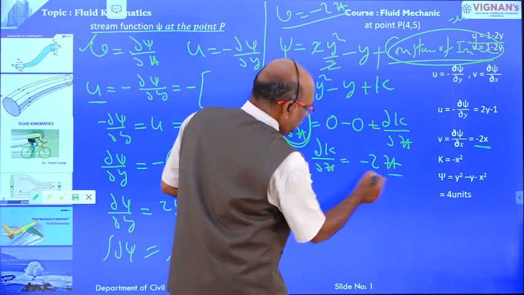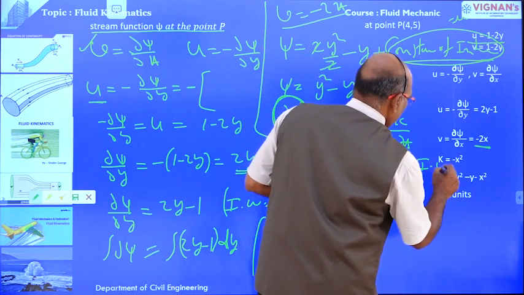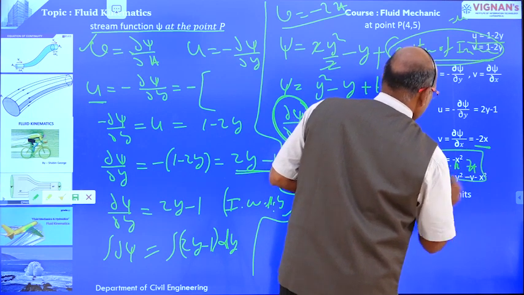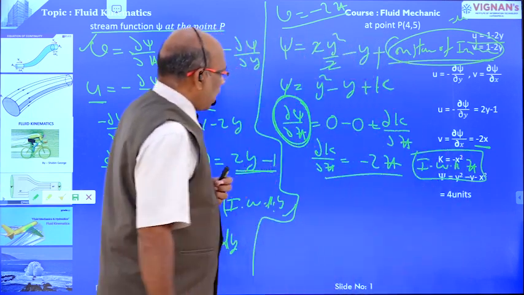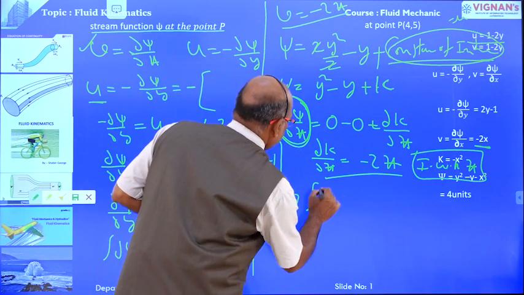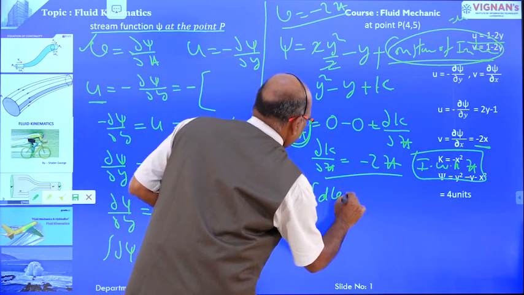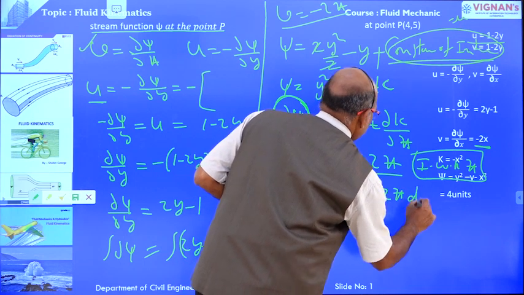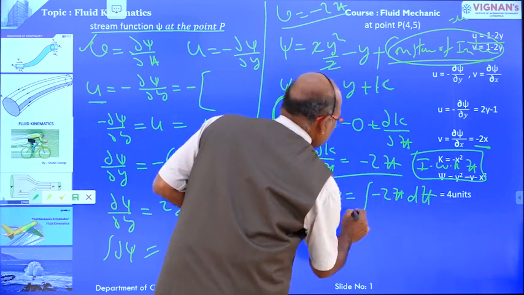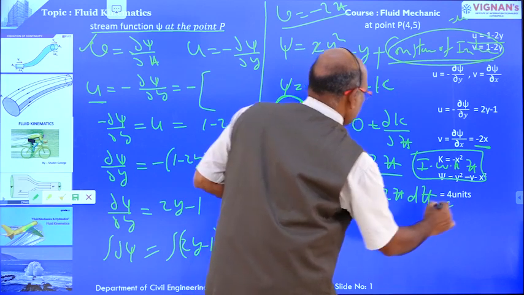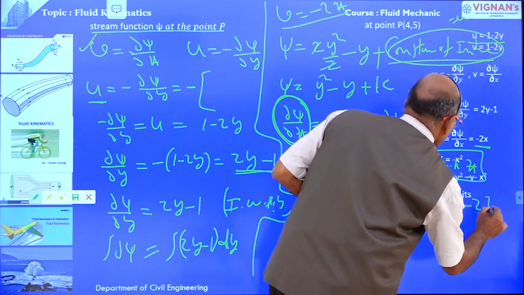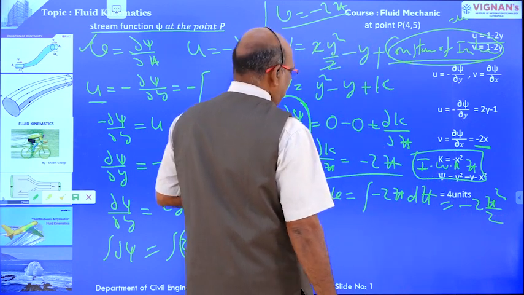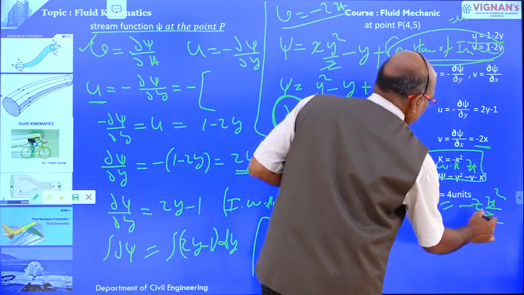Now this equation, integrate with respect to x. So this is equal to integral dk is equal to integral minus 2x dx. Right? This is equal to minus of 2x square by 2. Therefore, 2 gets cancelled.